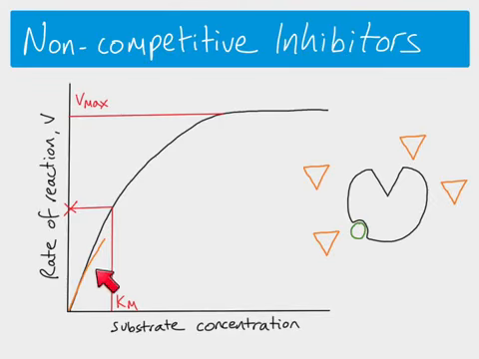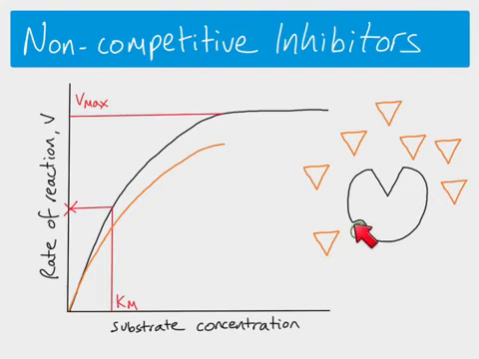So you can see here, for example, that it is lower than without the non-competitive inhibitor. As you increase the substrate concentration, the rate of reaction increases. However, if you keep increasing the substrate concentration, you are still never going to reach the same Vmax that you had before, because there are always going to be some enzymes which have basically been made non-functional.